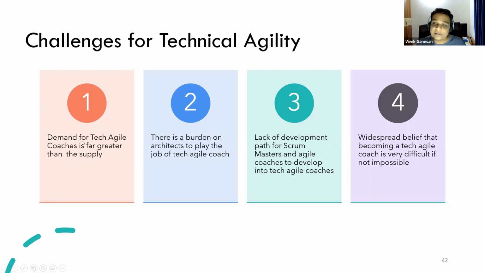And when we as organizations create a development path, like making them a part of a community which learns about technical agility, or giving them enough resources to learn technical agility, like giving them some trainings. I'm yet to come across a technical agility training, because most of it's hands-on. It's very difficult to do it in 2 days.